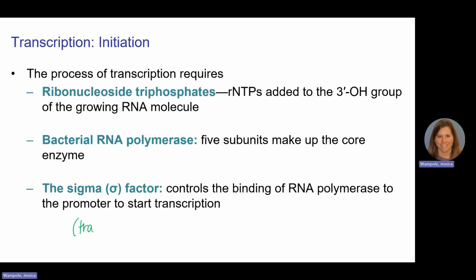So I'm just going to put transcription factor in parentheses because they kind of do the same thing. Sigma factor is also known as a transcription factor. It is something that RNA polymerase requires for the process.